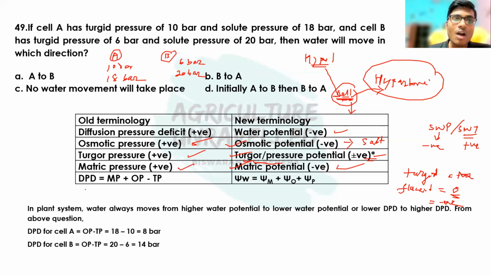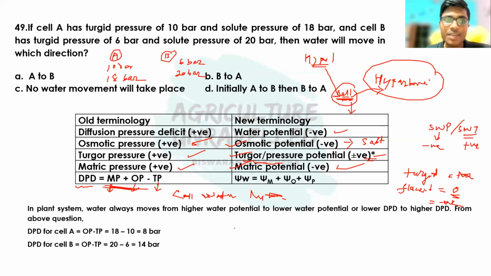Then what is the formula of DPD or diffusion pressure deficit? The formula is matric pressure or matric force plus osmotic pressure or osmotic force minus turgor pressure. If cell water content is higher, it means that turgor pressure is higher. If cell water content is higher, it means osmotic pressure or matric pressure is lower.